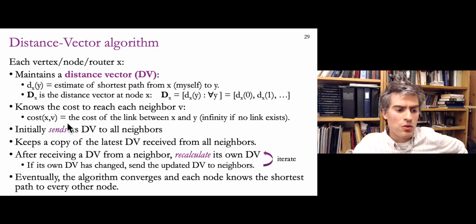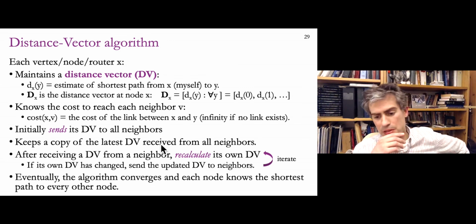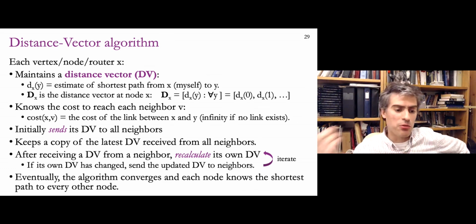Each node knows the cost to reach its direct neighbors, and it makes a choice about which of the neighbors it should use to reach everyone else in the network.